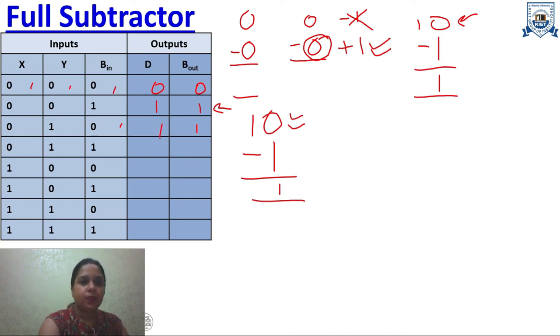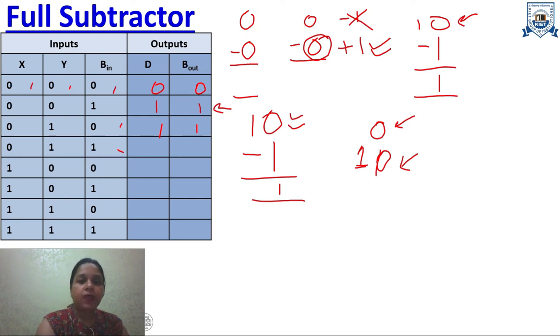Okay, now we are reading this. Again it is 0 minus 1, but here we have a borrow input. If we have a borrow input, I can either subtract 1 from this or add 1 to this. So we are adding 1 to this. 1 plus 1 is 2, so it will be 1 0 because we are doing it in binary form.